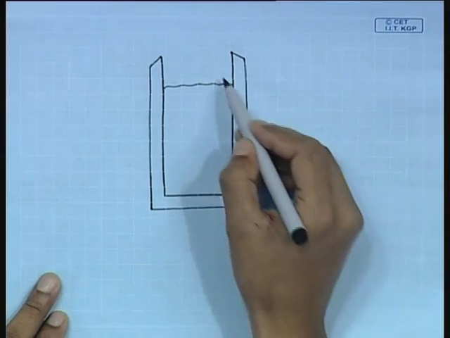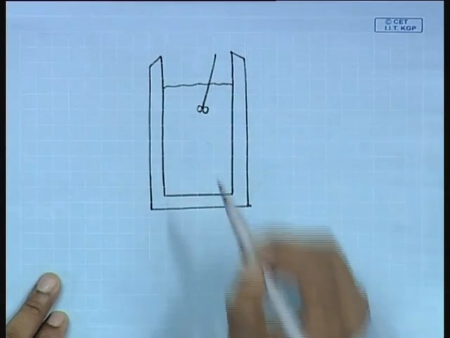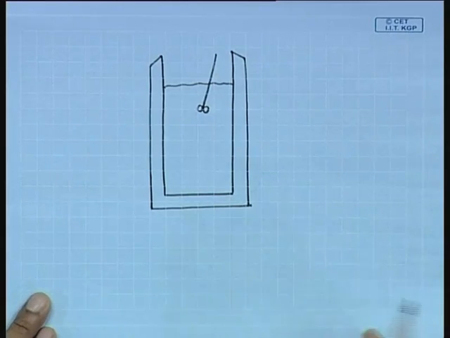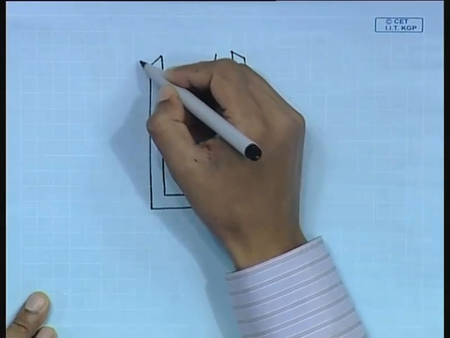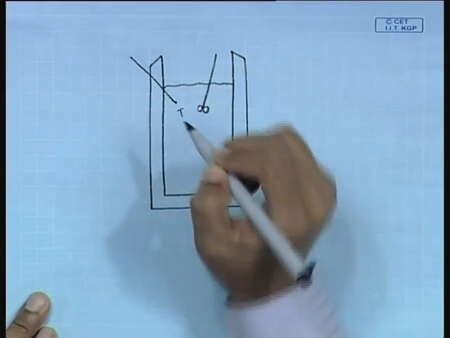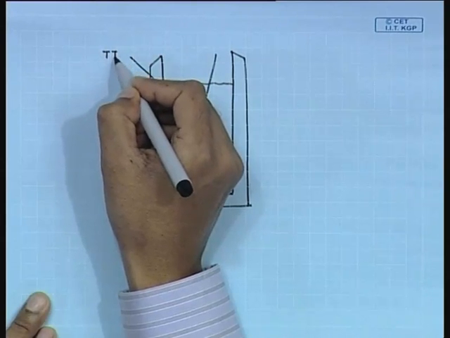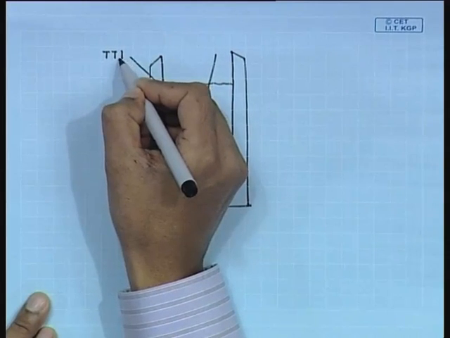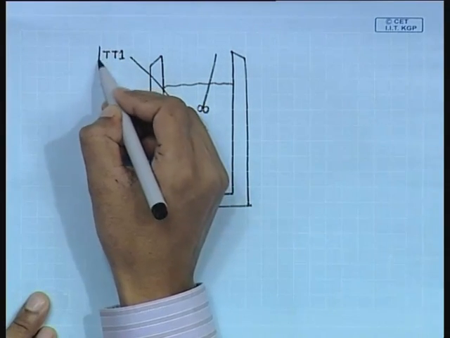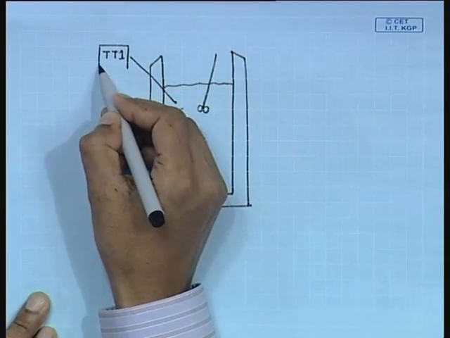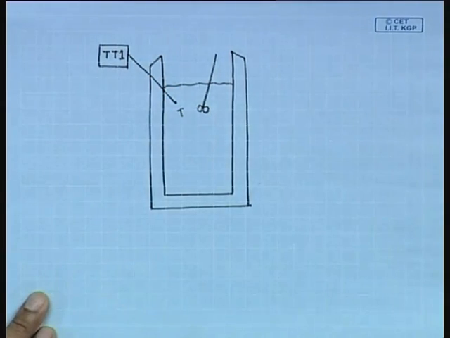So, this is the CSTR, jacketed CSTR. Now, first we measure the temperature T using one temperature measuring device which we are representing by TT1. This is the first measuring device. I mentioned earlier that cascade controller involves more than one measurement. So, this is the first measuring device TT1.